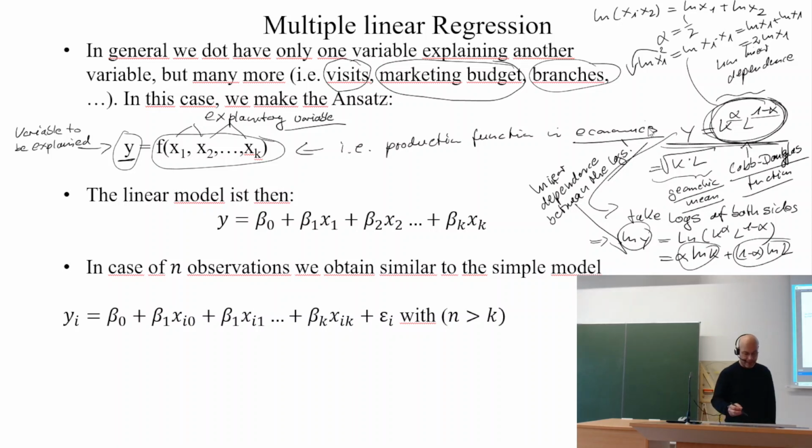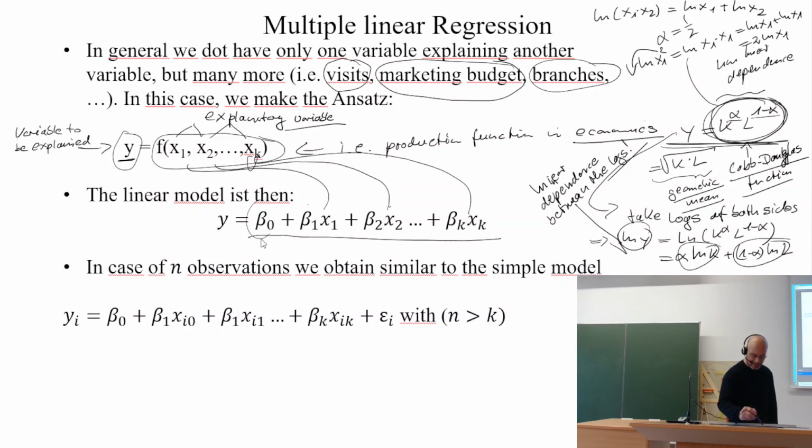And this is then also the motivation why it is very interesting that we examine this general multilinear dependence where we have many explanatory variables, and what we then want to do is to estimate our coefficients.